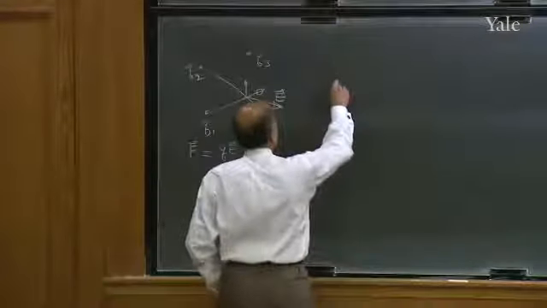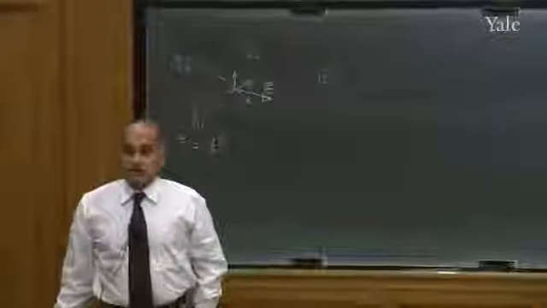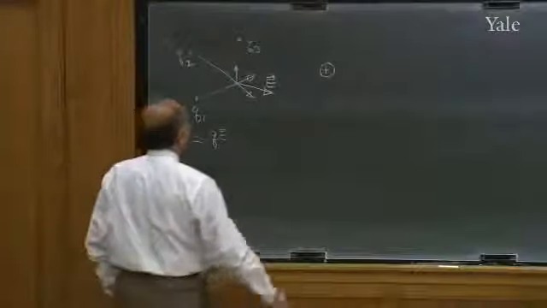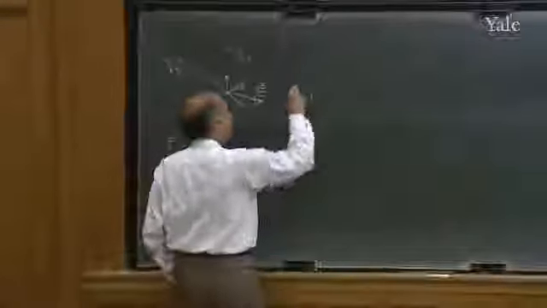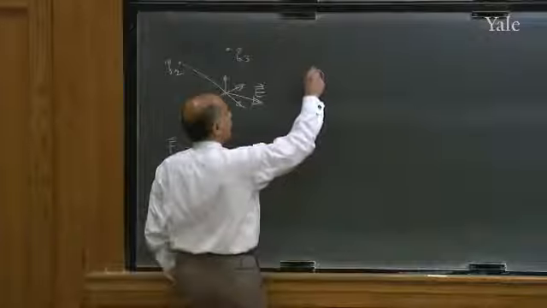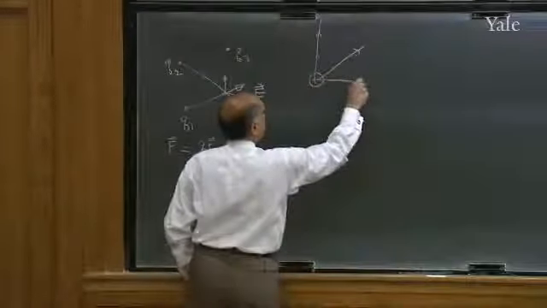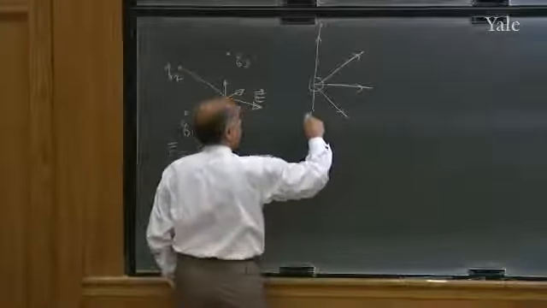Then I said there's one nice way to visualize the electric field, which is to draw the field lines. You go to each point, and you ask, if I put a charge here, a positive test charge, which way will it move? Then you follow that thing as it moves, and you get that line, and you get that line, and you get that line. You can draw these lines.